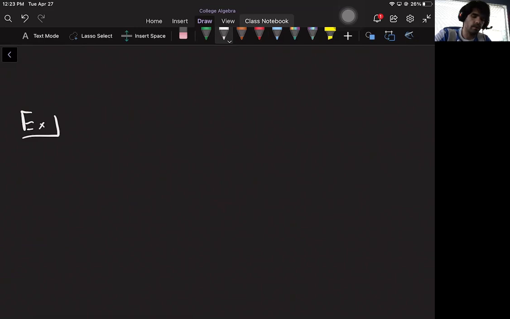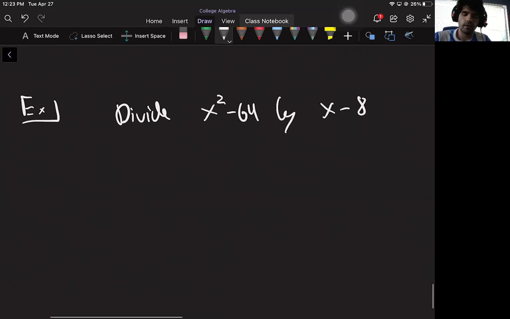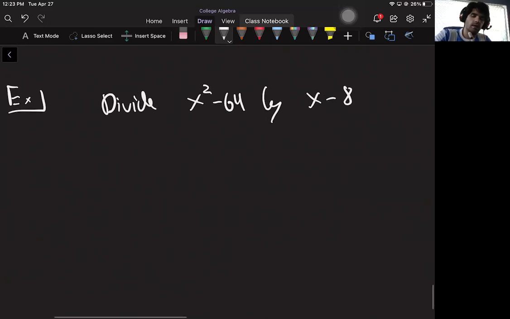So let's do x minus 8 into x squared. Well, actually, first let me write it like this because I want to show you something. So let's divide x squared minus 64 by x minus 8. So this means, of course, figure out this guy again.